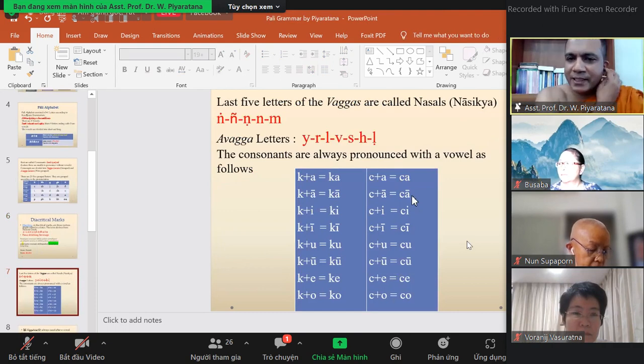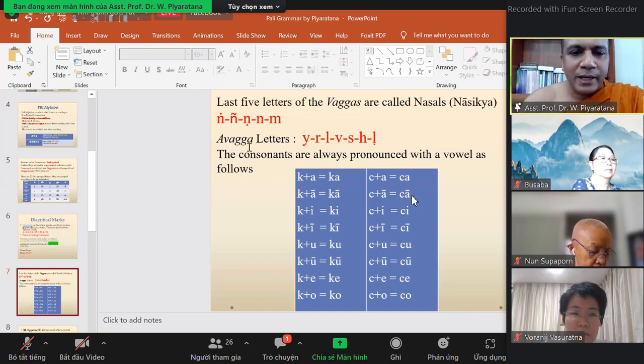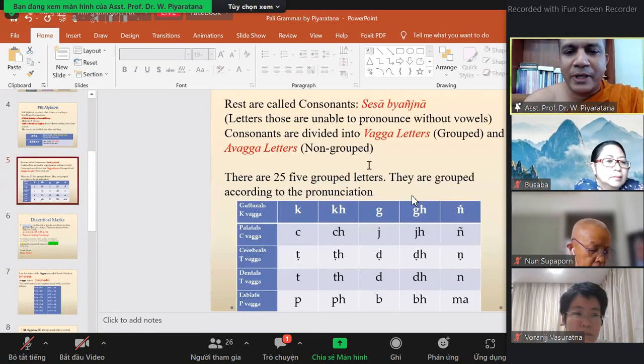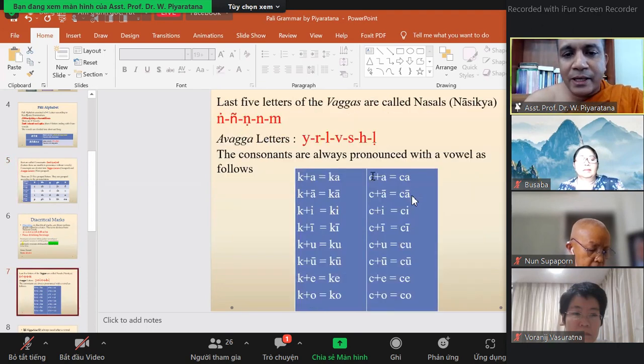As I said, we have to combine some vowels with consonants. These are the five groups, 25 letters. They are called Vagga, or group letters. But there are seven letters that do not belong to any group.